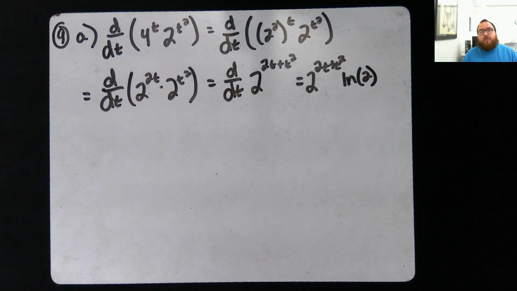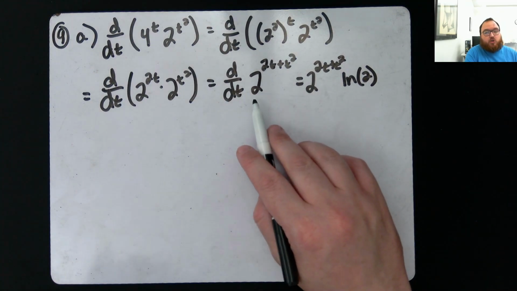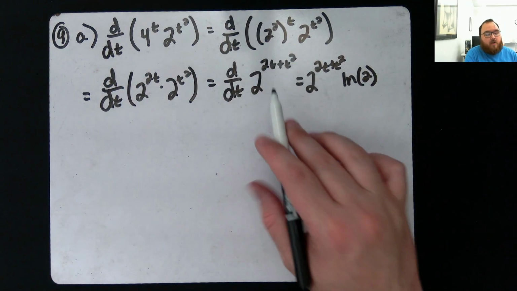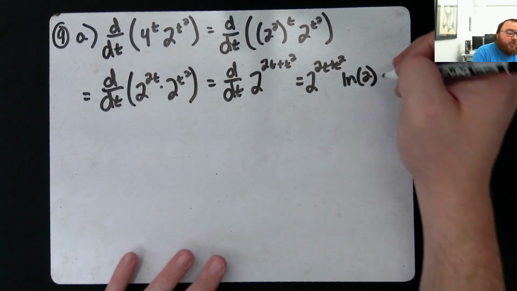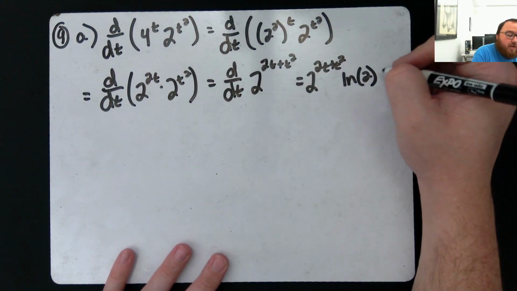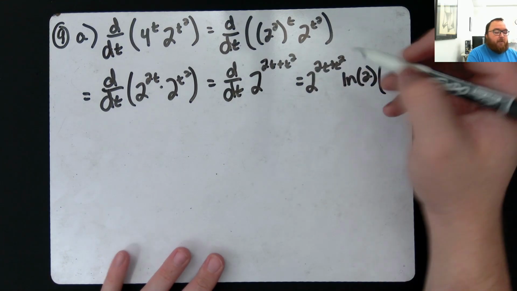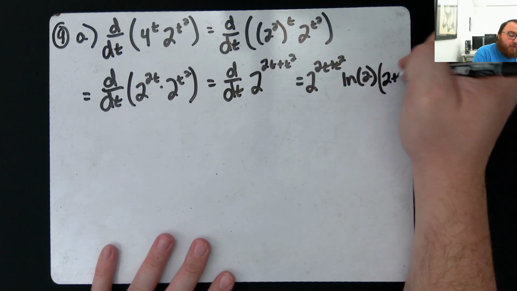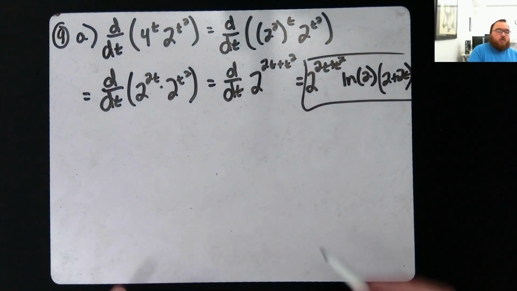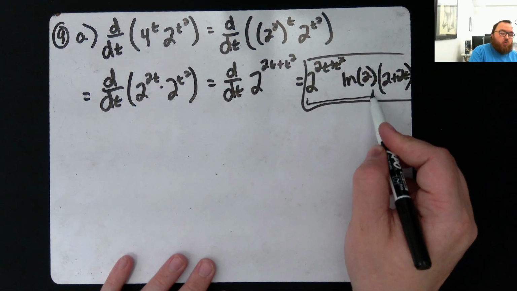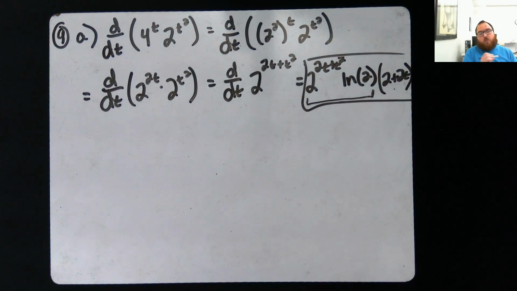However, I cannot stop there because this was 2 raised to some stuff, right? So by the chain rule, I have to multiply that by the derivative of that stuff. The derivative of 2t plus t squared is 2 plus 2t. So again, this part is from our new rule. This part is from the chain rule from Cal 1.